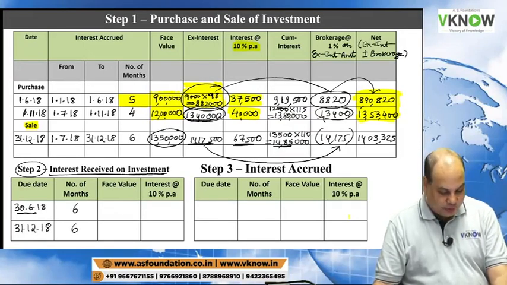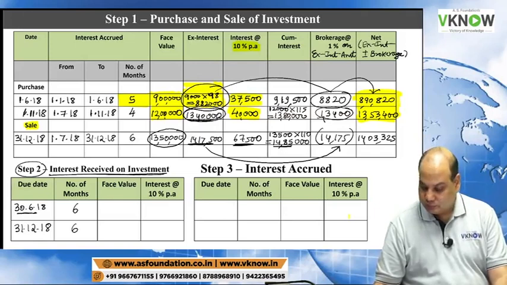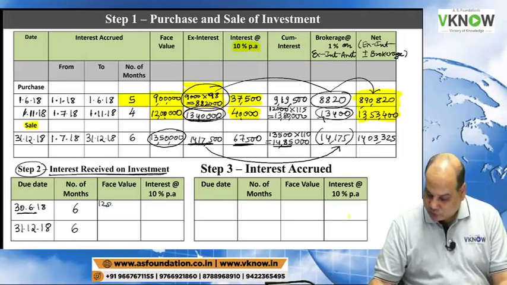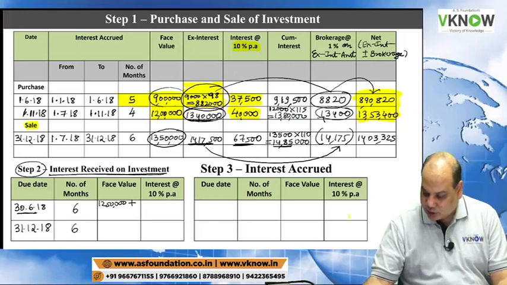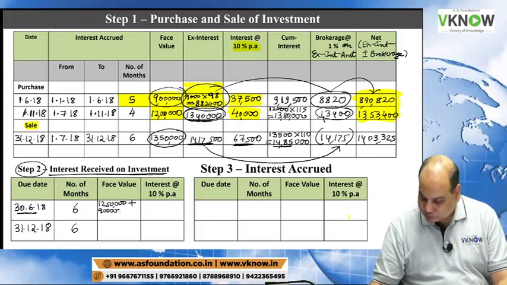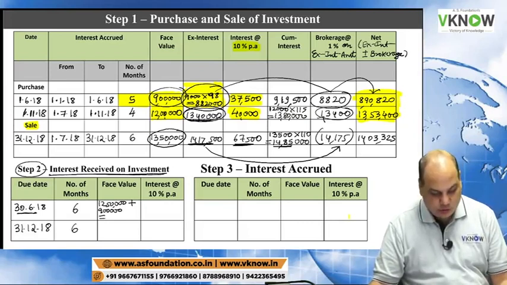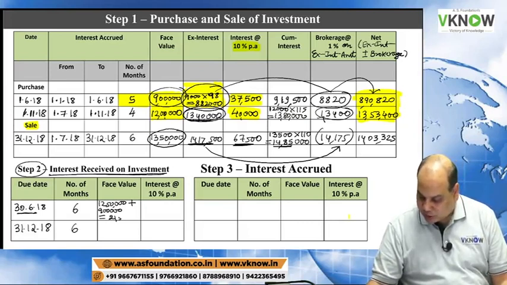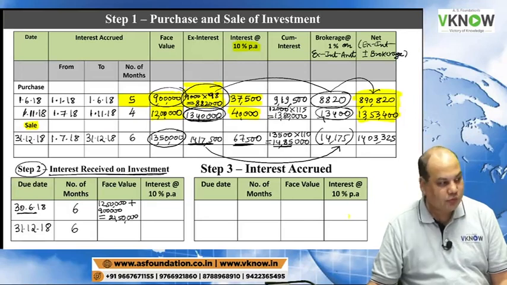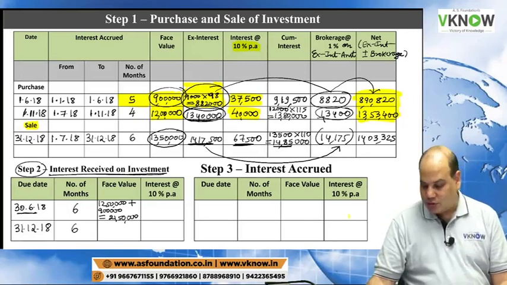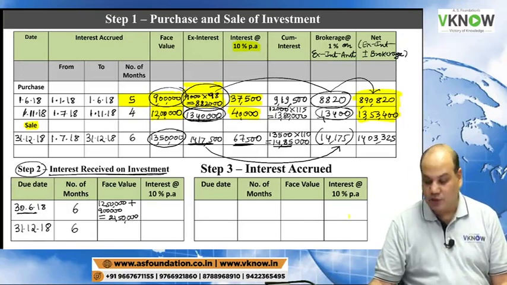Opening balance is 12,50,000, and plus you have purchased this 9 lakh rupees, the first one, plus 9 lakh. So that is equal to 21,50,000.